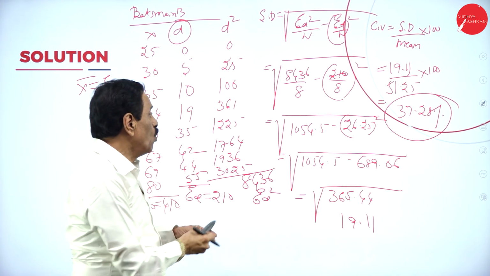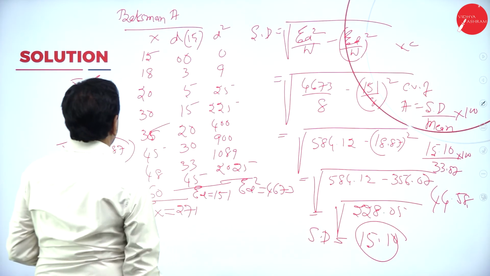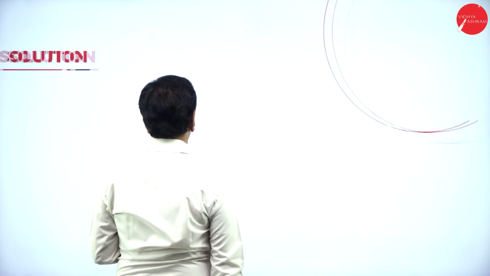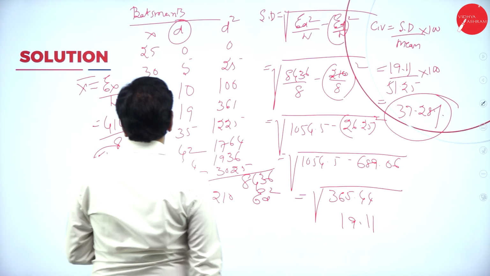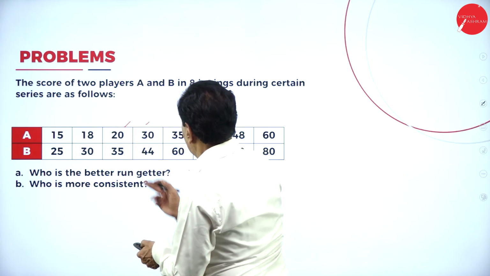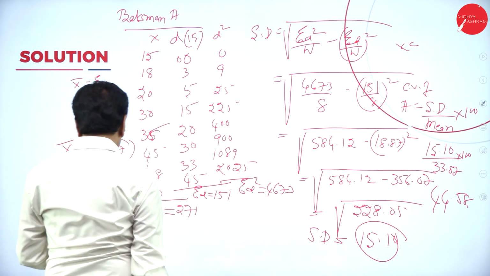Now, we'll go with the conclusion. First batsman A, this is batsman B. Batsman A, CV is 44.58, mean is 33.87.